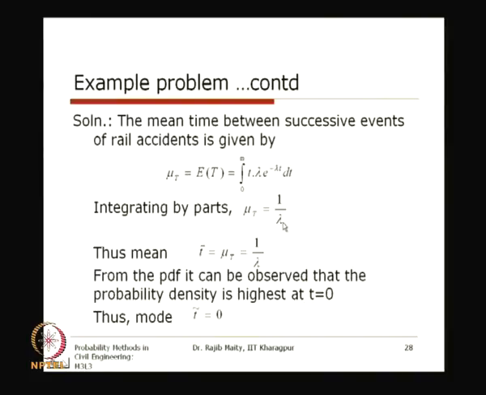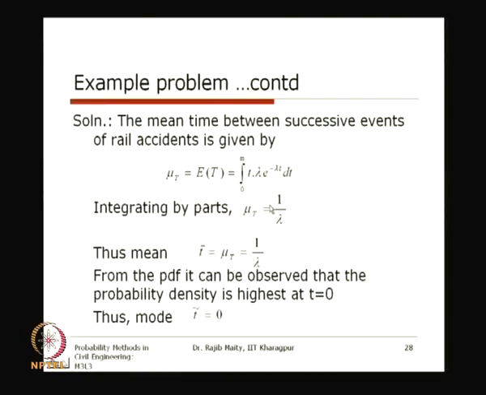Here one thing you can see is this lambda that we are getting, and again we have seen the sample estimate. If we take a sample of this particular event, calculate the sample mean, and take the inverse of that sample mean, then we get a measure of lambda.